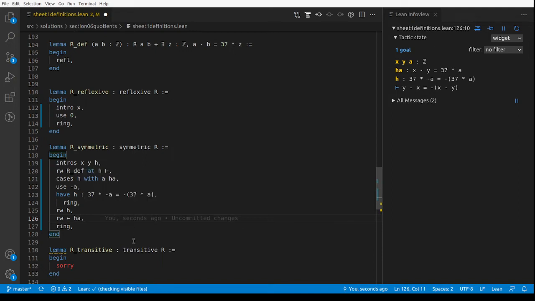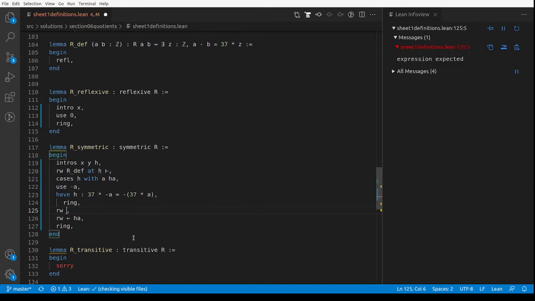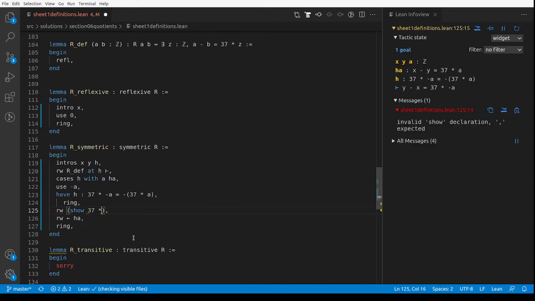It just uses ring. But my objection to this proof is that it adds this extra random hypothesis H that we don't actually ever want. We just create it and then immediately rewrite it. And there is a way of making that rewrite happen without ever even creating the hypothesis. We could do rewrite show 37 times minus a equals minus 37 times a by ring.